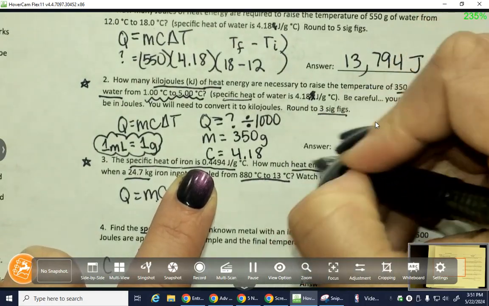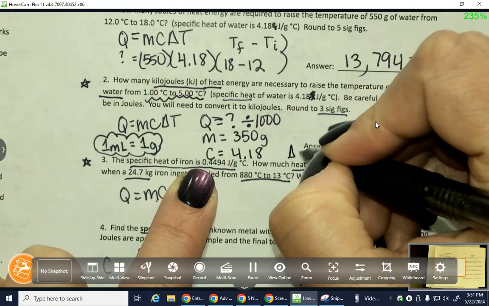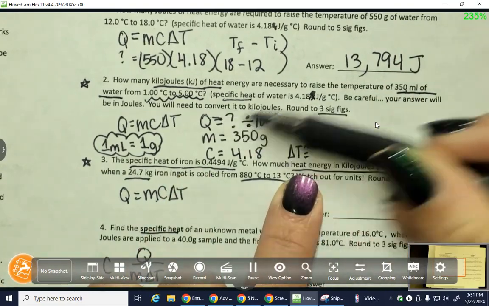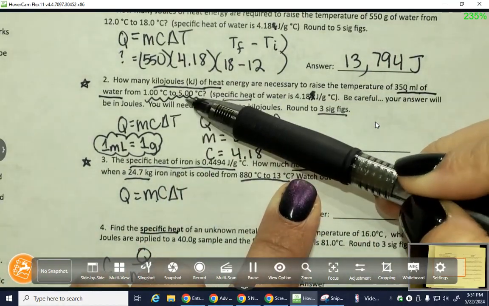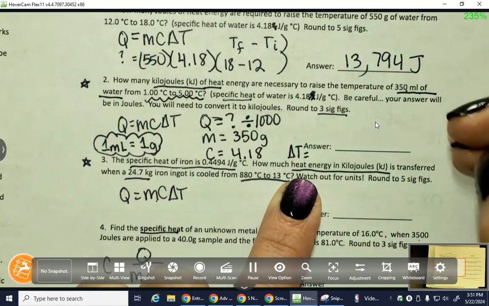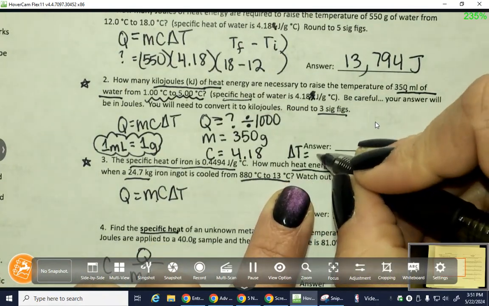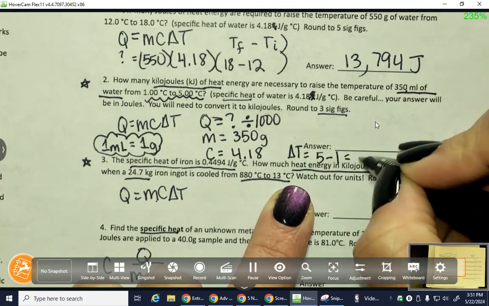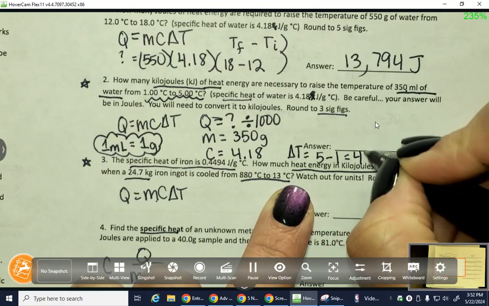And finally, delta T. We're going to take final minus initial, so it's going from 1 to 5. So what does that mean? It's 5 minus 1, which is 4, okay?